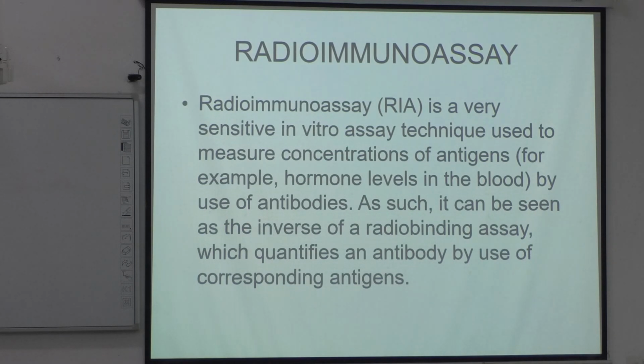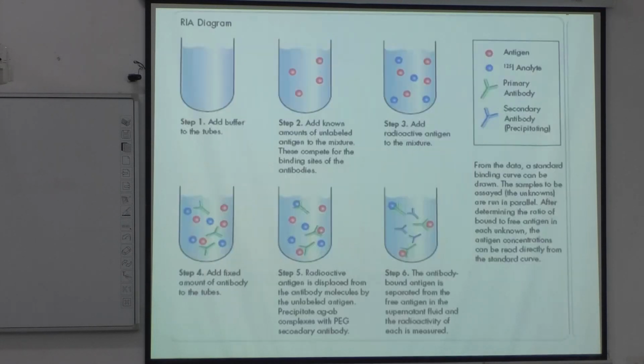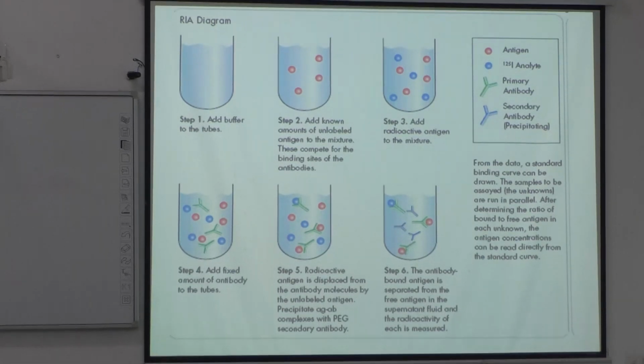When it is thrown in the sink, it goes into the environment, into rivers, into the sea, the ocean. So it pollutes every part of the planet. This is the way it is done. It is mostly comparable with ELISA.